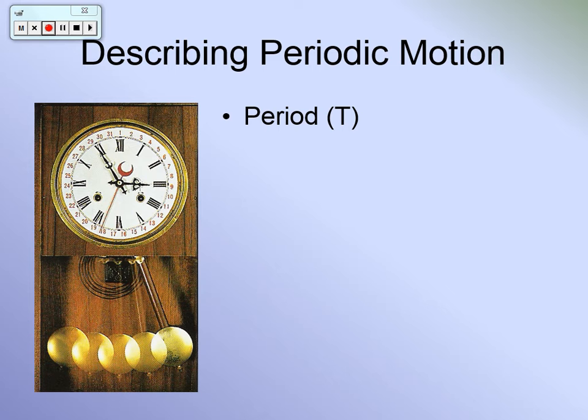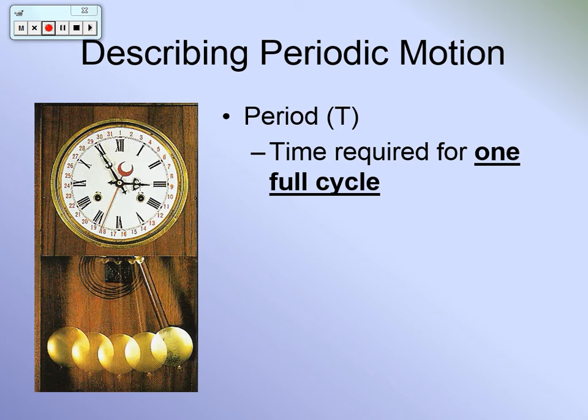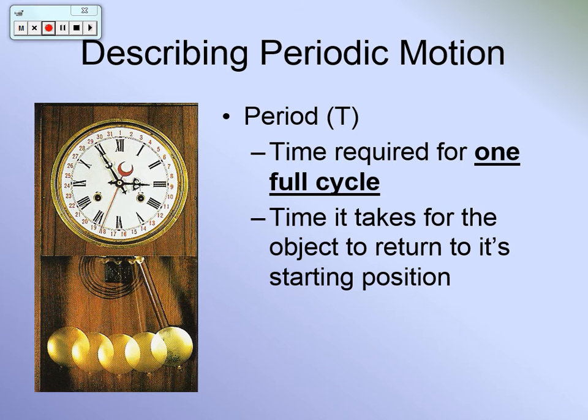It's a time, right? And so the period is the time that is required for one full cycle of motion, or the time that it takes that object to return to its starting position.